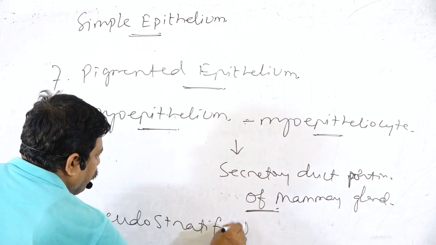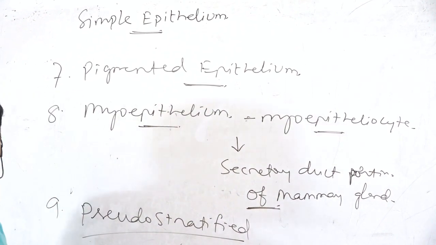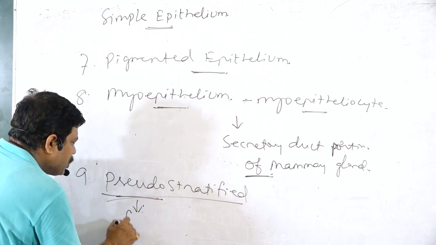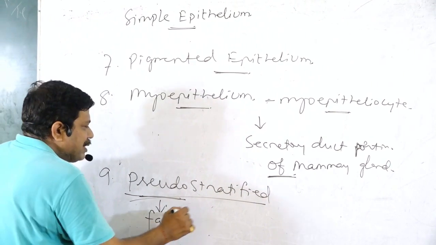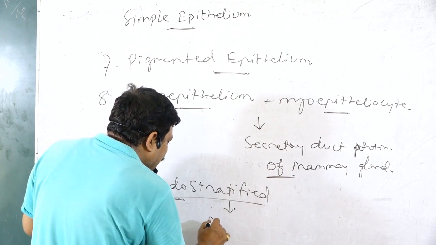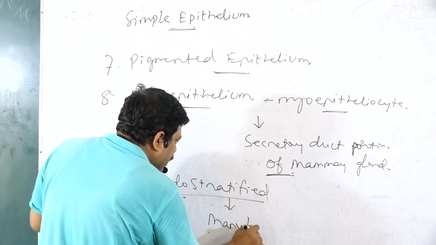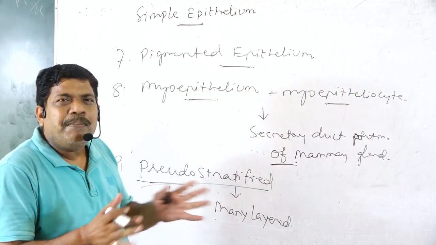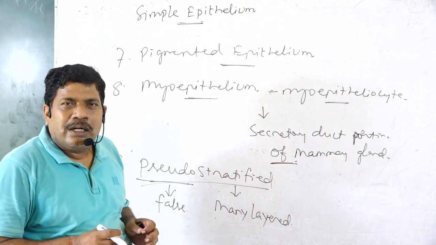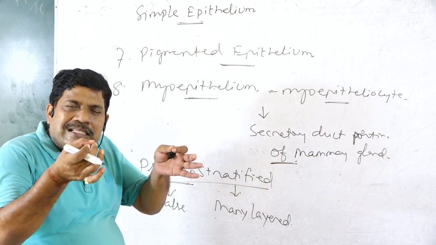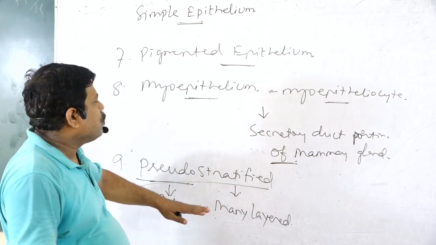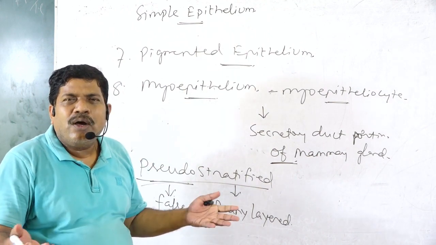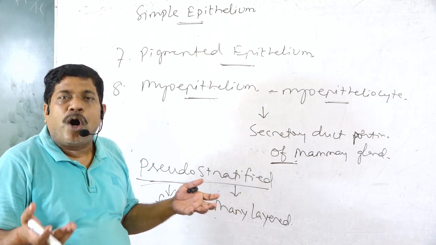And next, pseudostratified epithelium. What is pseudostratified epithelium? Pseudo means false. Stratified means many layered. That is, falsely many layered. But truly the cells are arranged in a single layer. That's why they are placed in the simple category. So what is the meaning of falsely many layered?